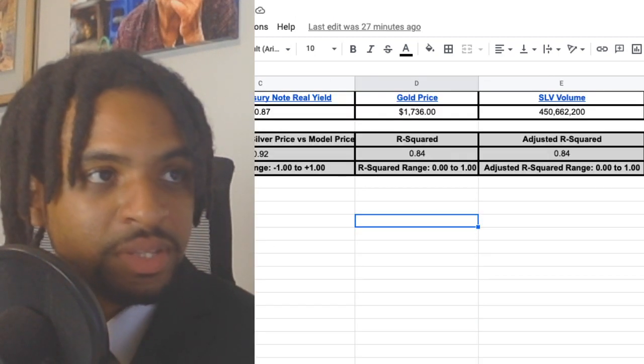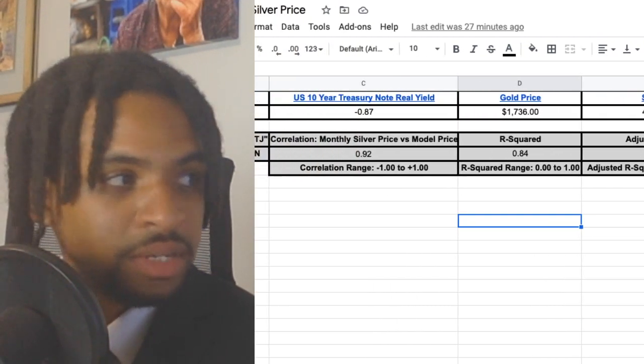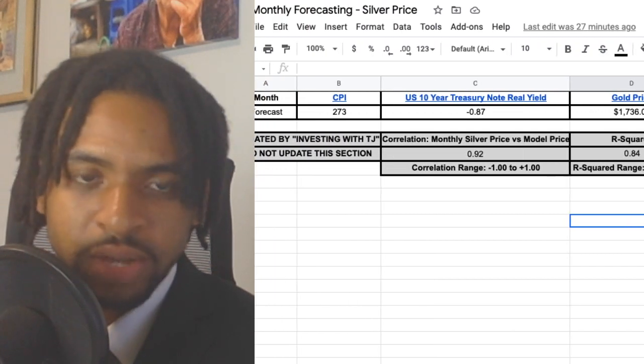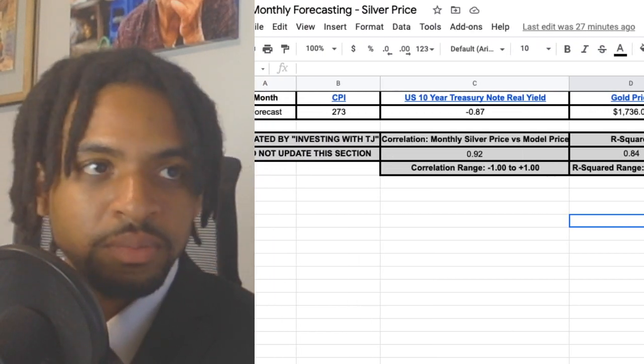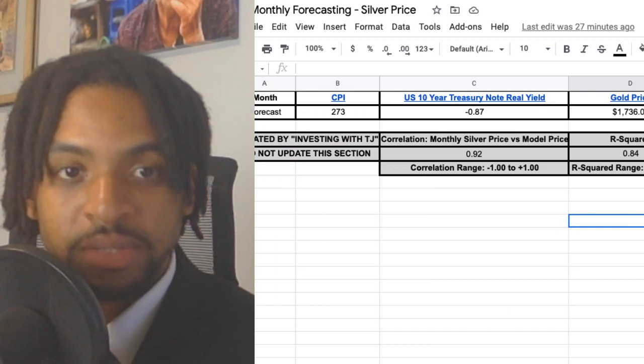But here's one of the things that I also want you to take note of: you can actually use this to anticipate what you think prices might be in the future.